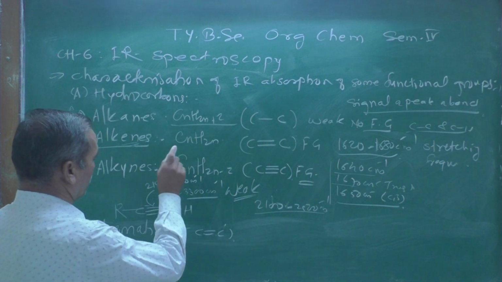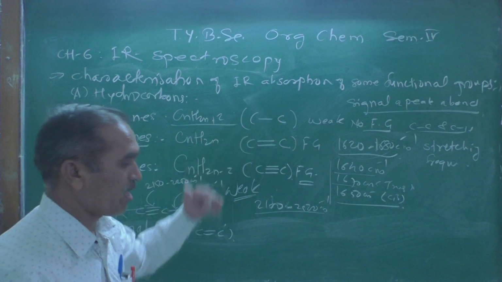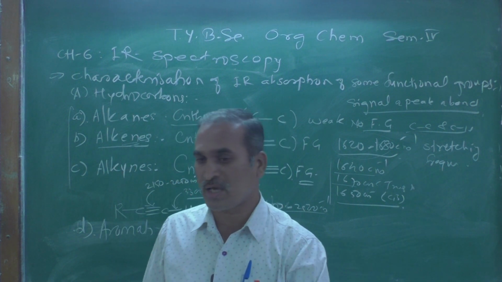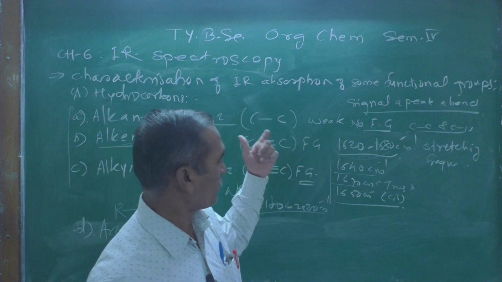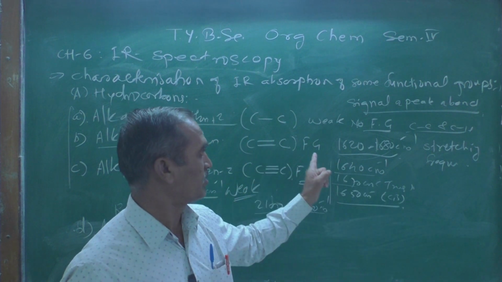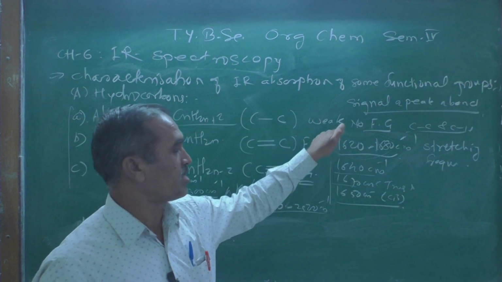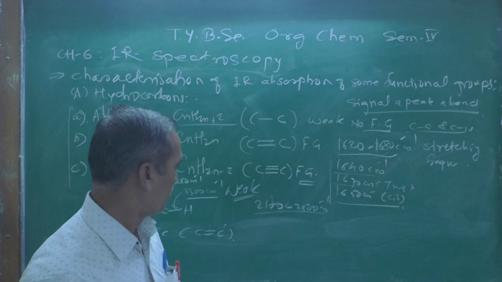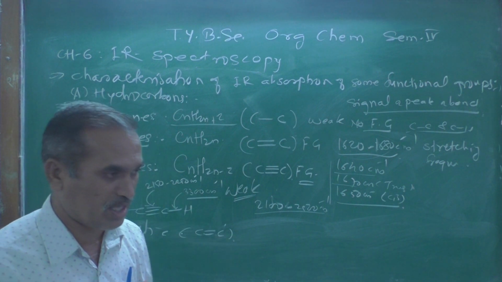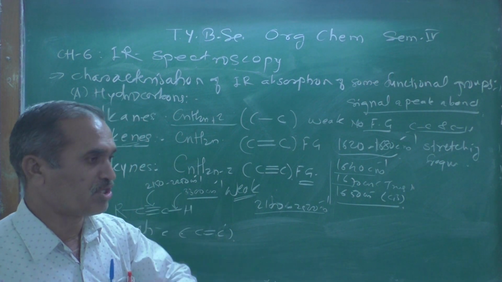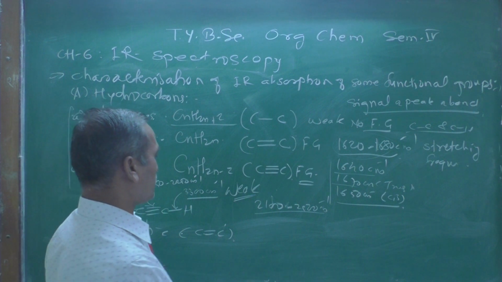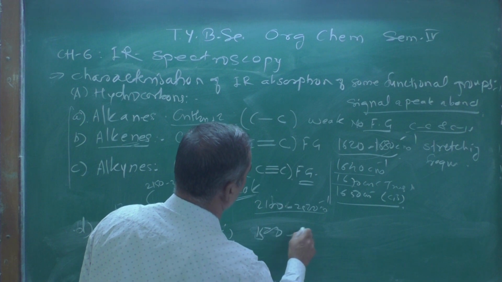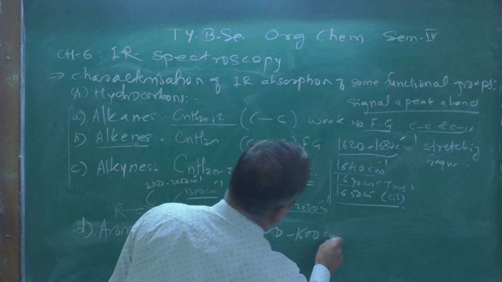Now, in alkenes there is a carbon-carbon double bond, and in aromatic compounds also there is a carbon-carbon double bond. The carbon-carbon stretching frequency in alkenes appears around 1620 to 1680 per centimeter. But if aromatic compounds are present, the stretching vibration frequencies appear around 1500 to 1600 per centimeter.